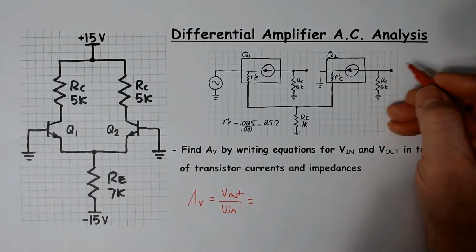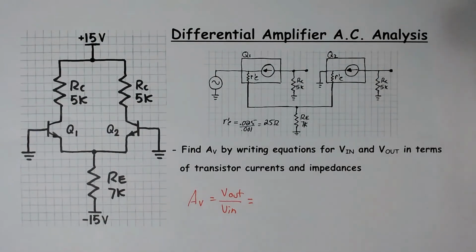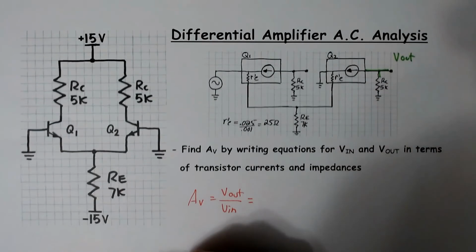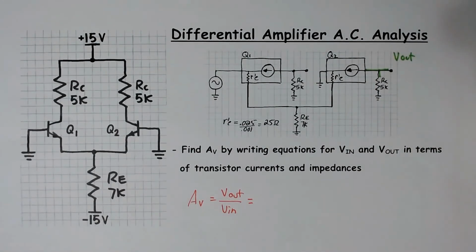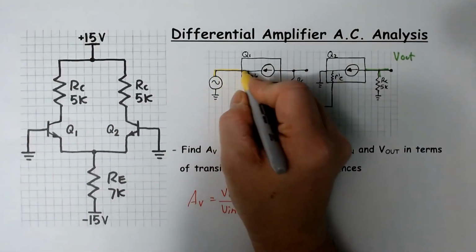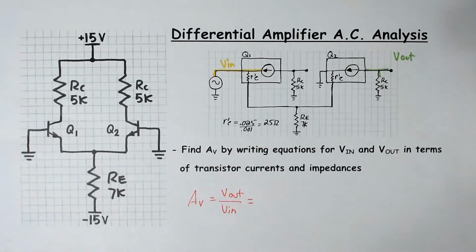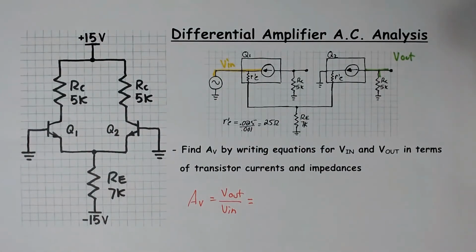And the first thing we want to do is identify those points. So let's say right here, that's V out. And over here, this is where we apply the input voltage. We'll mark that as V in.